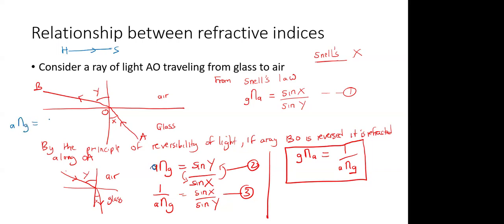But by Snell's law, when it is coming back, the angle here is y. So I'll say sine of y out of, it is entering into glass, sine of x. Now, when you look at this equation and this equation, they are mathematically related. What does it mean? Air refractive index of glass is like there is a K1 here.